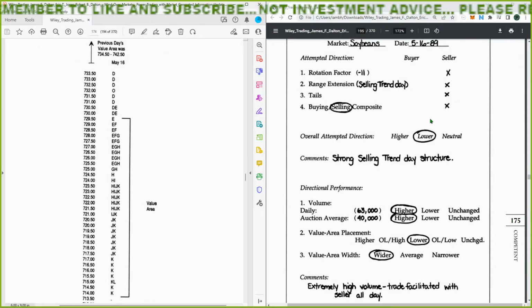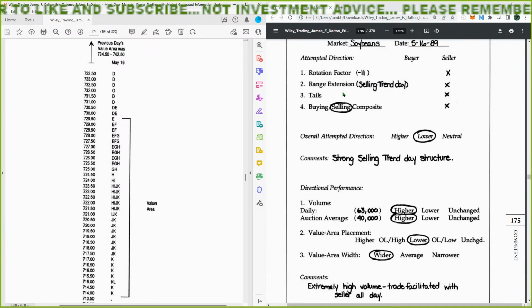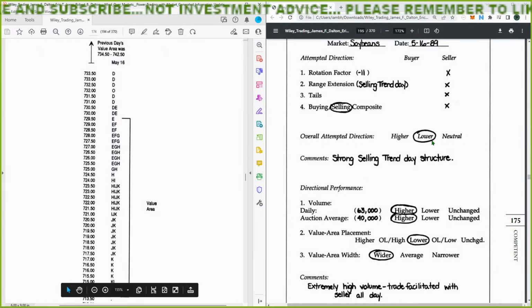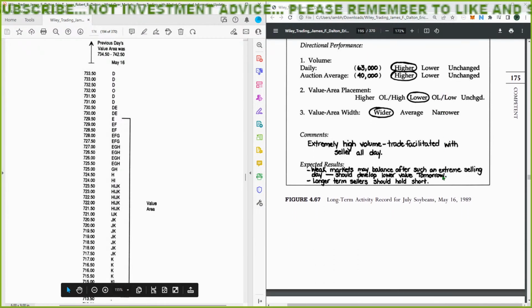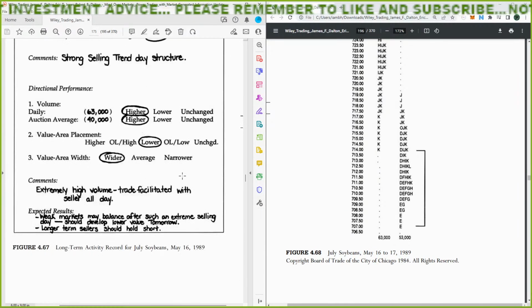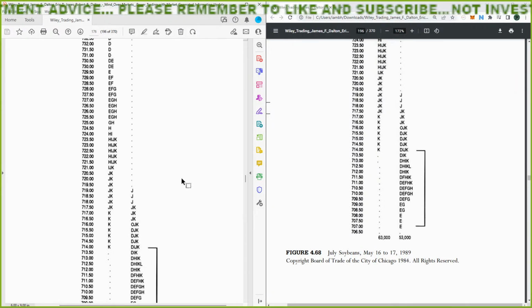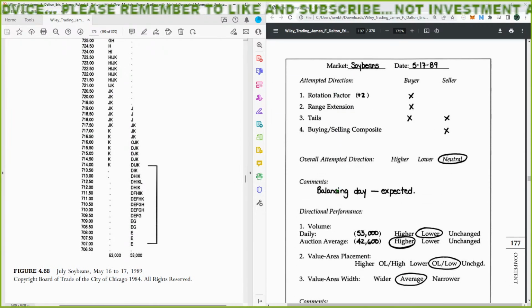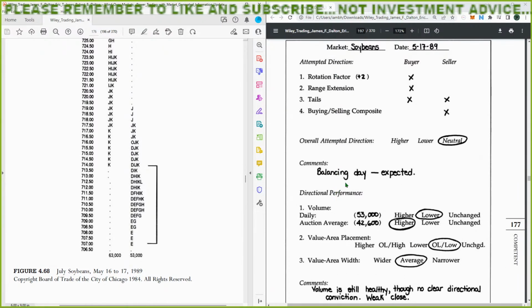Rotation factors, -11. Selling trend day. Right, just examples based off of the market.